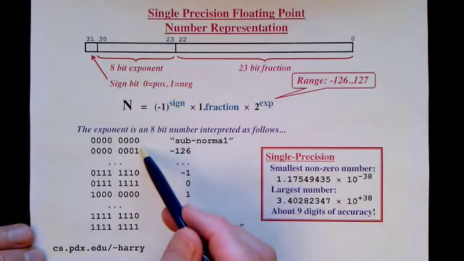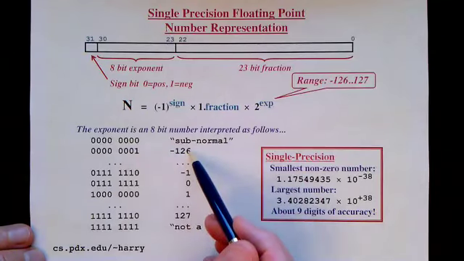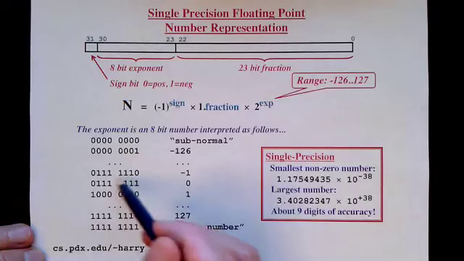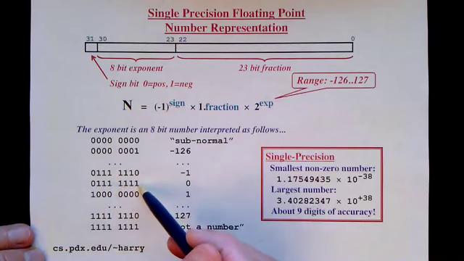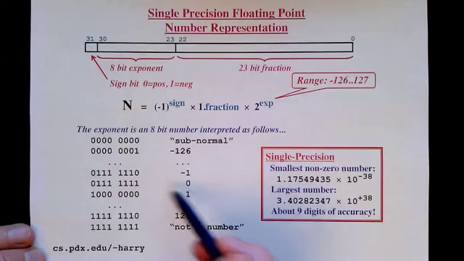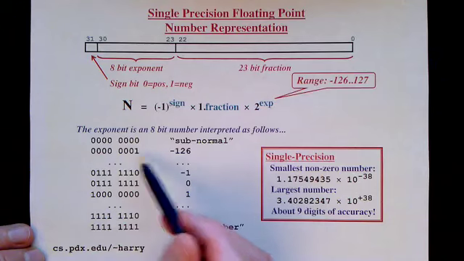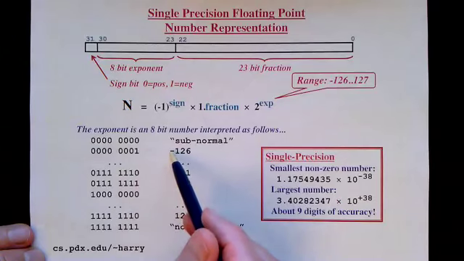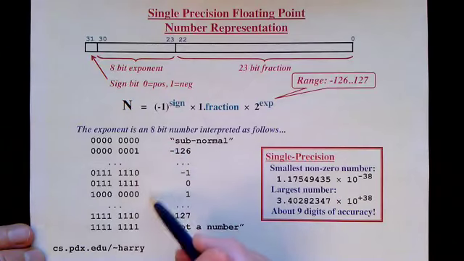But the other bit patterns are used for the exponents ranging from minus 126 to positive 127. 0 is represented as, well, this pattern here: 0, 1, 1, 1, 1, 1, 1, 1. So it's not what you might expect. It is an encoding, but it's not what we saw with unsigned or signed numbers. It's a different encoding.